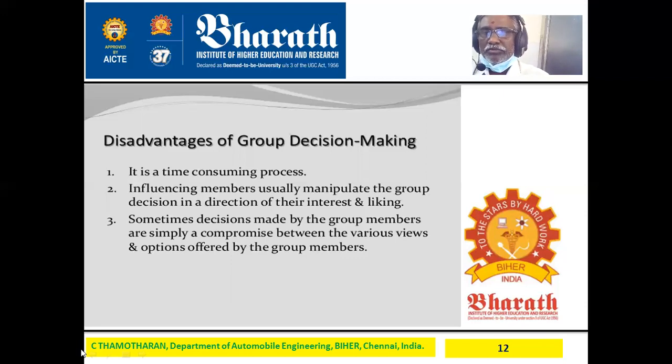And we also have some disadvantages of group decision making. It is a time-consuming process. Why? Because they are going to share knowledge when they discuss, so the time consumed is more. Influencing members usually manipulate the group decision in a direction of their interest and liking.